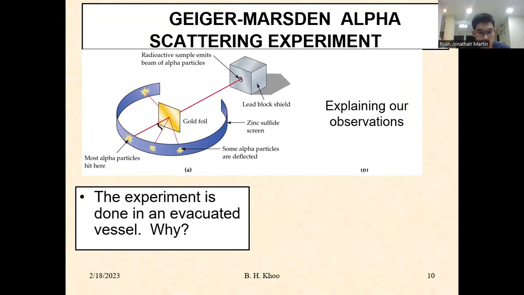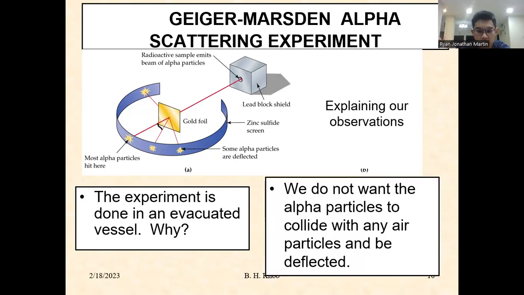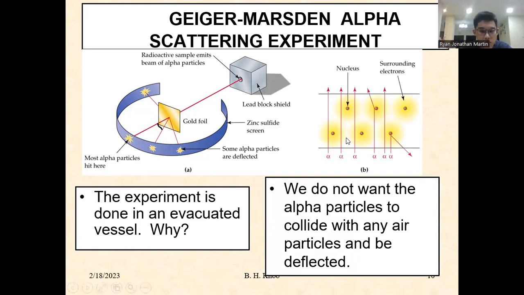Why? So that the alpha particles don't collide with air molecules. You don't want the air particles to disturb the experiment. When the alpha collides with an air particle, it will be deflected and won't go in its own direction. So evacuated is in a sense like a vacuum already, no air. That is how we can explain it.